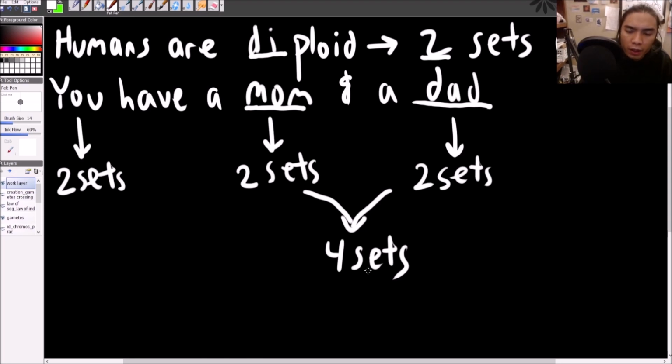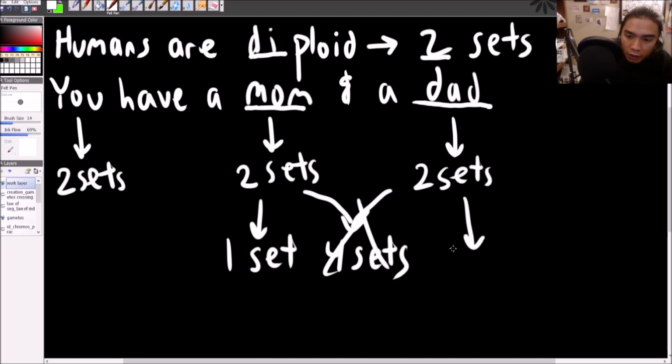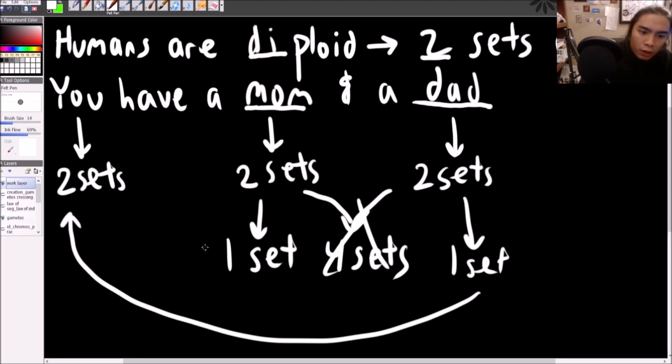So what had to happen first was your mom had to create some kind of cell that had only 1 set of DNA, and your dad also had to create a cell that had 1 set of DNA as well, and then these came together to make you.